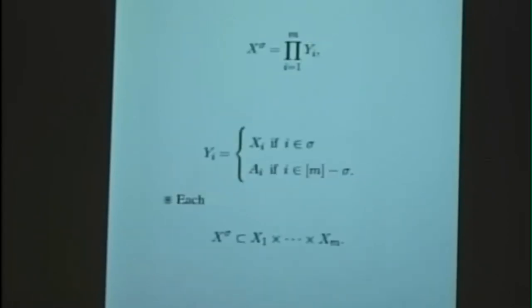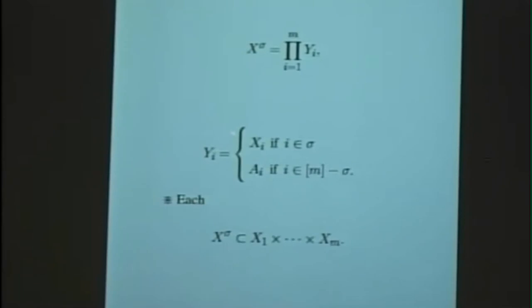We'll call the collection X underline, A underline, and we're going to construct a space associated to every simplex in K. I'm using X up sigma, Fred used D of sigma, and it's a product of Yi's. The Yi is Xi if i belongs to the simplex, and Ai if i does not belong to the simplex. And we think of X sigma as living in the product.